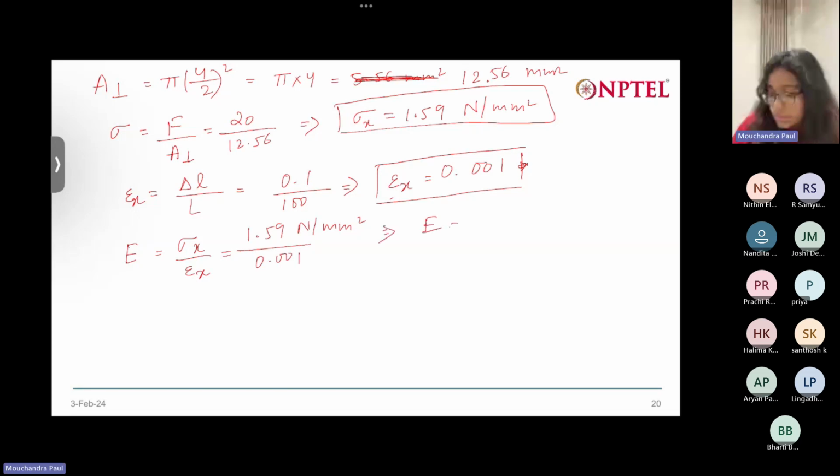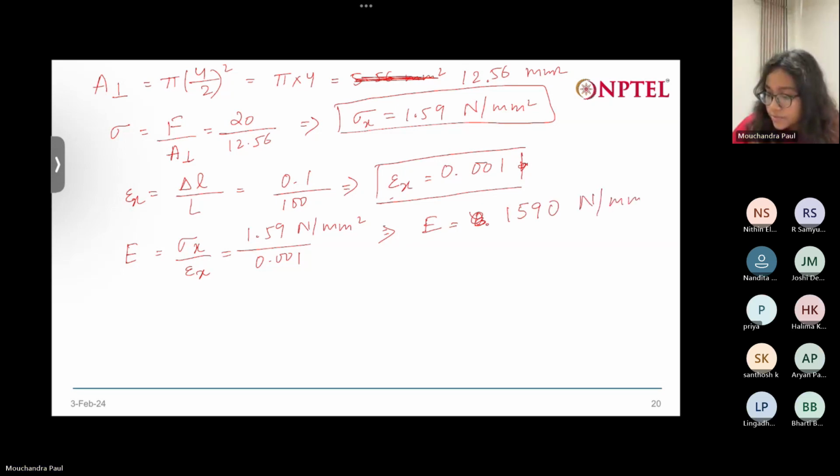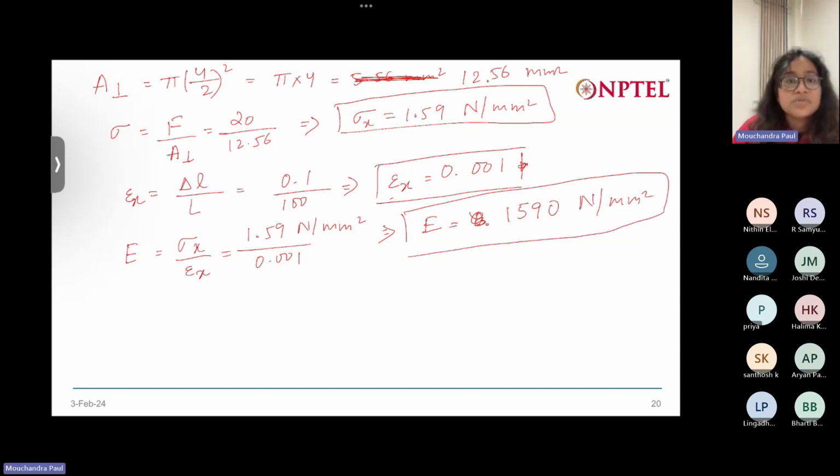So E is equal to 0.1590, sorry. Is everyone of you getting a similar answer? Elastic modulus is 1590 Newton per mm square. Great.